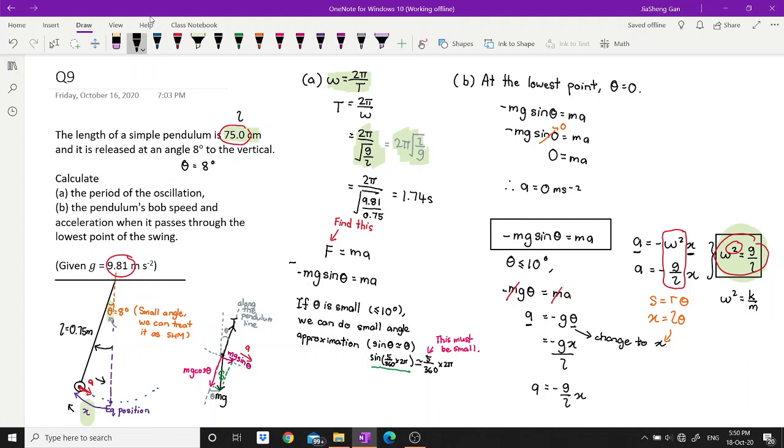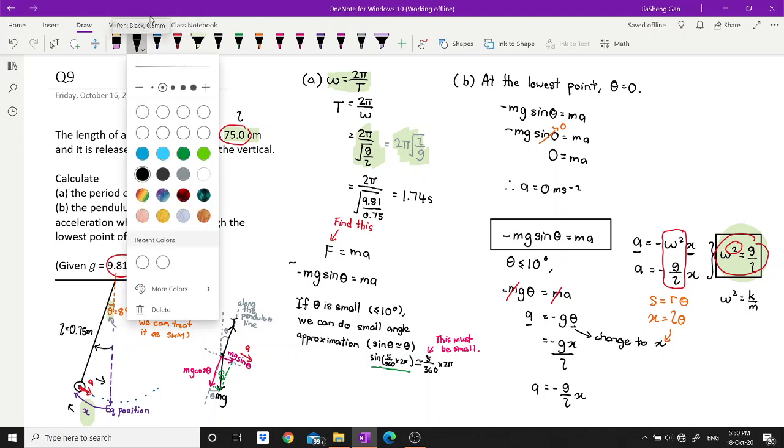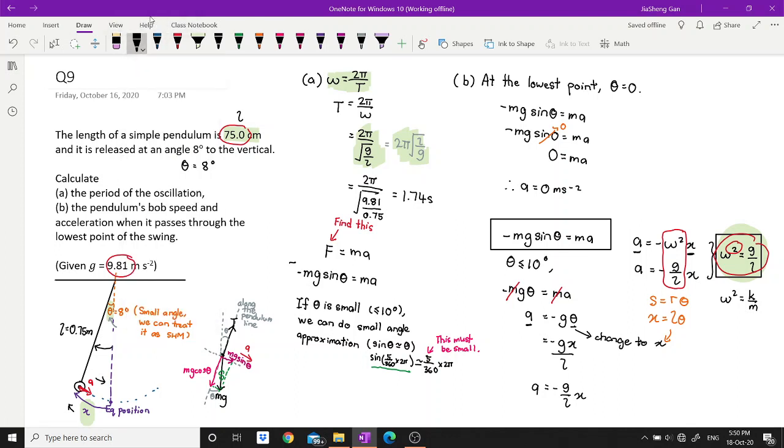As usual, if an object is at the equilibrium position, you know that the speed will be maximum. It will be at maximum velocity. Since the lowest point is the equilibrium position itself, v at the lowest point will be just the modulus of Vmax.